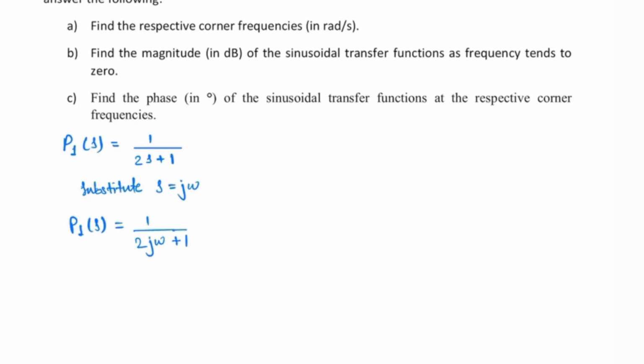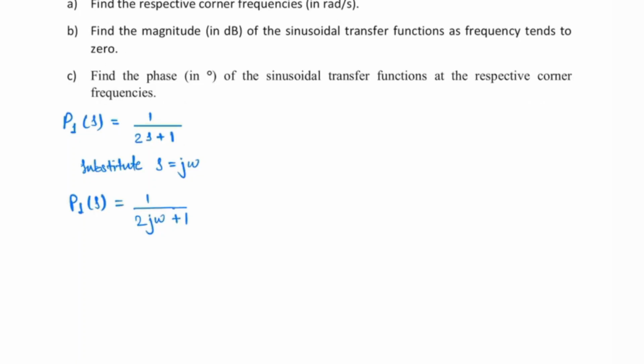So if we take the magnitude of this, then it will be 1 over square root of 4 omega square plus 1.